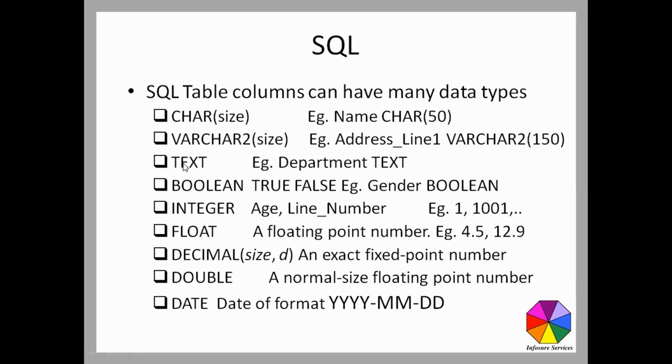Text, boolean, true and false, integer like numbers, floats, decimal, double, and date formats are there. So this is typically what a SQL column data type definition is. There are many data types.